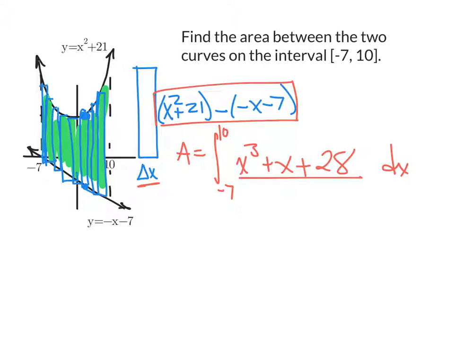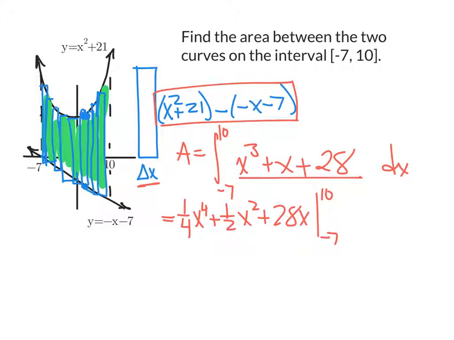But now that I have a definite integral to evaluate, that's exactly what we should do. We integrate x cubed plus x plus 28 into 1/4 x to the 4th plus 1/2 x squared plus 28x, and then evaluate it from negative 7 to 10.